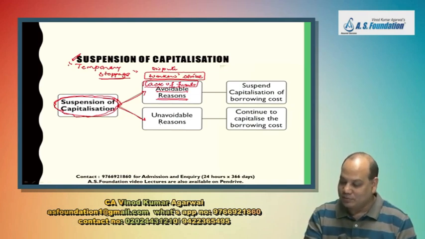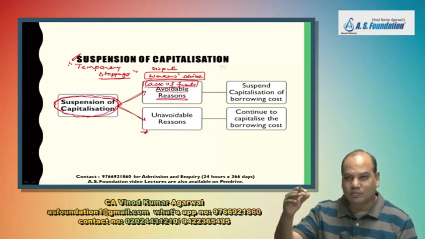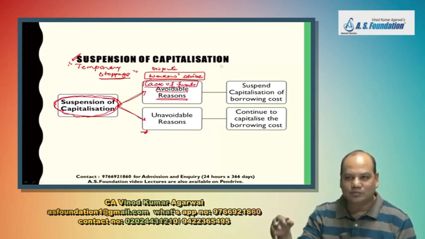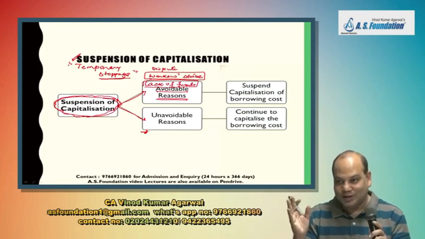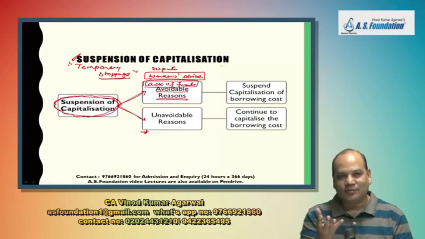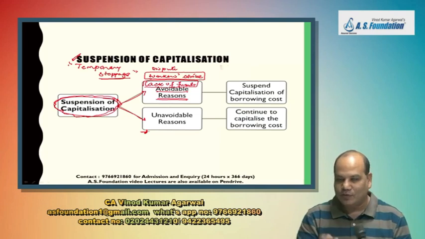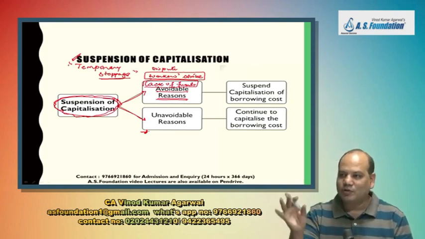Unavoidable reason example. For example, if you're constructing a building, then after doing the slab work, you just need to keep it as it is so that it will dry up and become stronger. For a few days, we just leave the thing as it is. 15 days, you don't do anything.